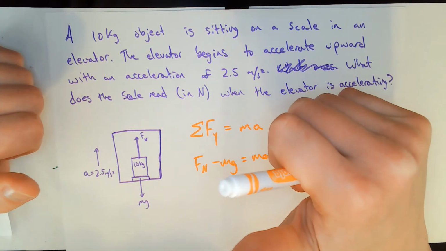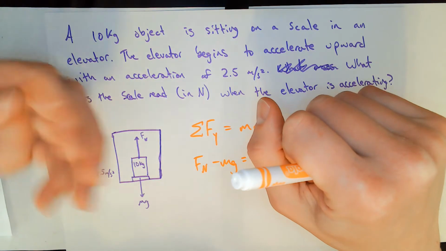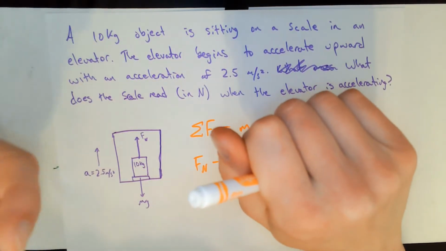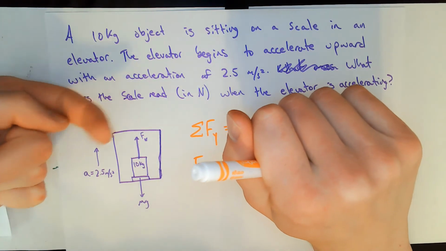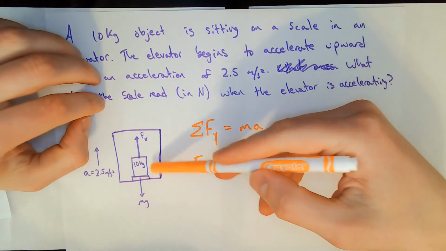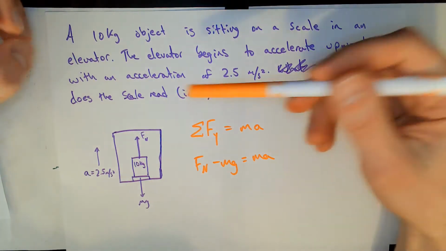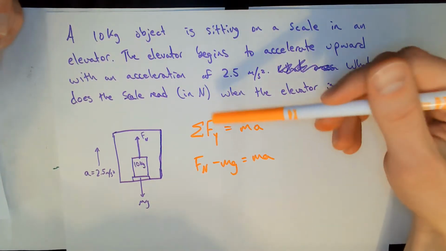But really what's happening is the bottom of the elevator is pushing up on you, making the normal force greater. So when I'm asking what does the scale read, I'm really asking for the normal force.